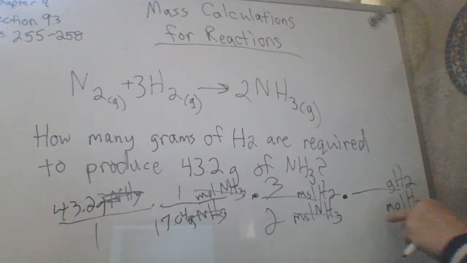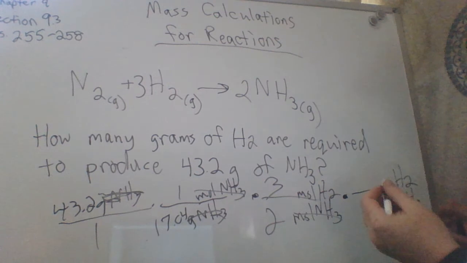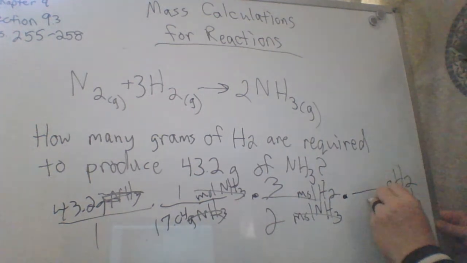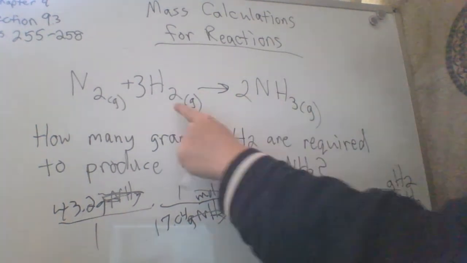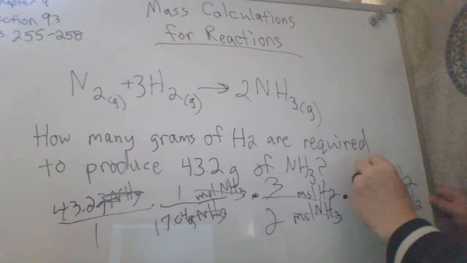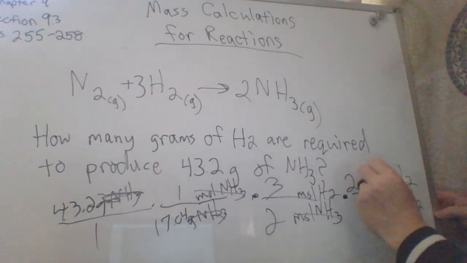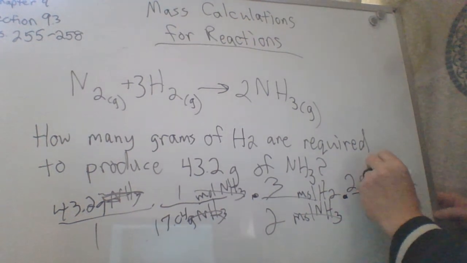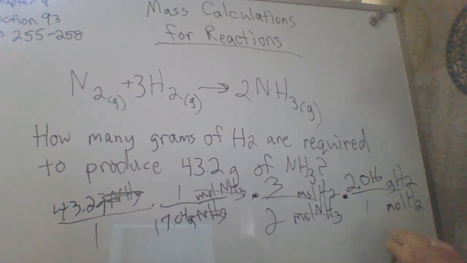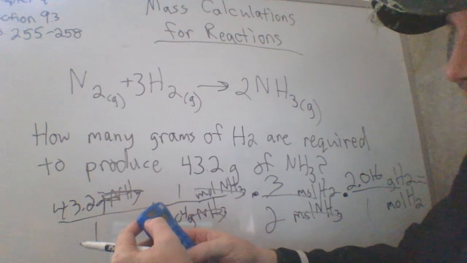So when we're getting it back into grams, we're simply finding the molar mass of 1 mole. 1 mole of H2 will be 2.016. I think your periodic table has it as 1.008. Yep, so 2.016 is where that comes from. I ran out of room, but we would hit the equals sign here, pump the brakes, and do the math.